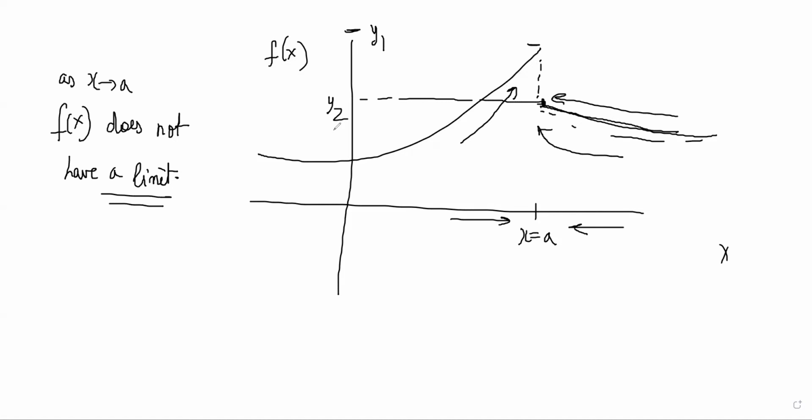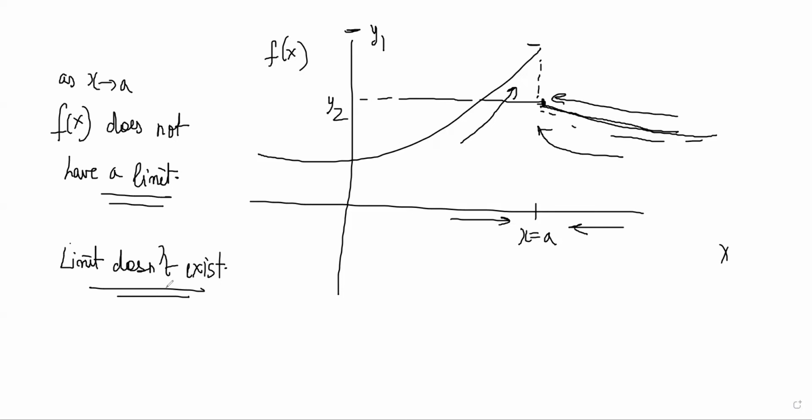So basically the idea is that from this side you are approaching y1 and from this side you are approaching y2. So that is going to be called that the limit does not exist. The reason is you are getting different limits from both sides, right?